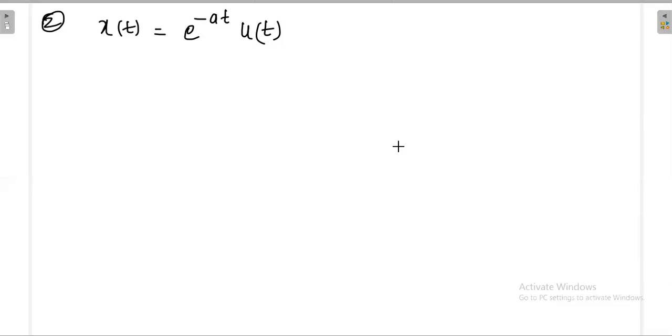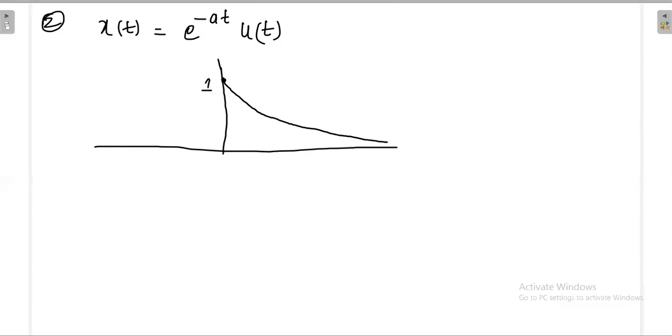We can easily identify that just by drawing the diagram. At t is equal to 0, this is 1. As t increases, it decreases exponentially, then goes to 0. This is the time axis, and this is the waveform for x of t.